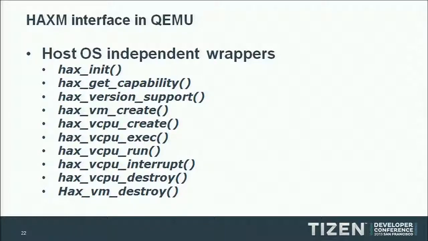HAX vCPU exec and HAX vCPU run just make the HAXM run, and HAX vCPU interrupt notifies HAXM about a virtual interrupt, and then there are functions to destroy the virtual CPU structure and the virtual machine structure. Here is the list.